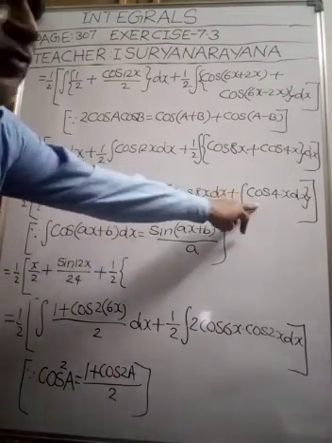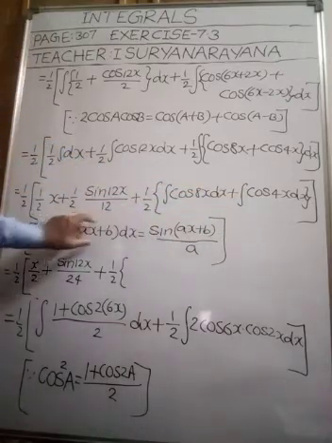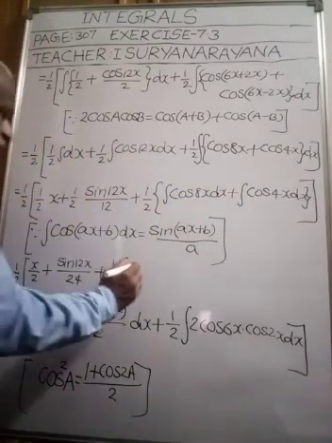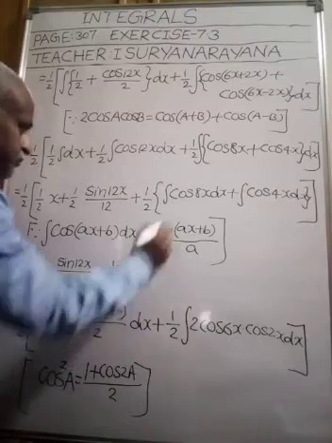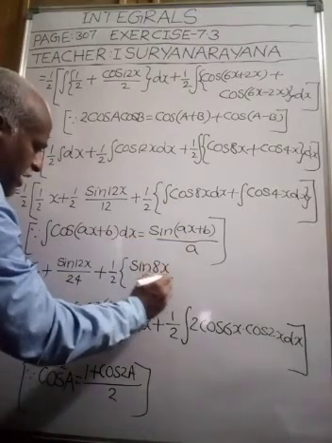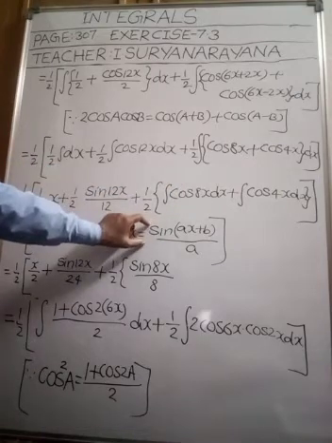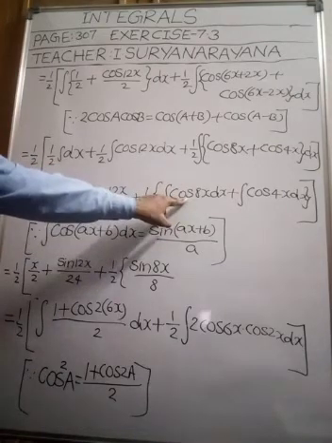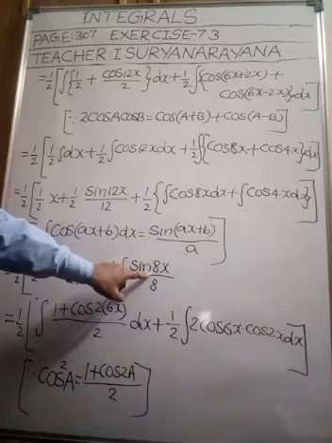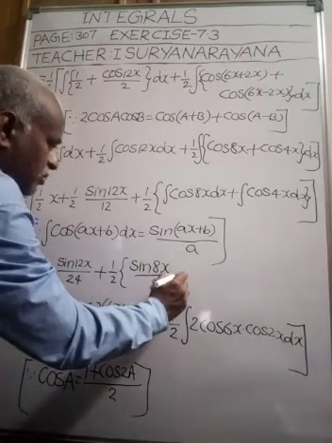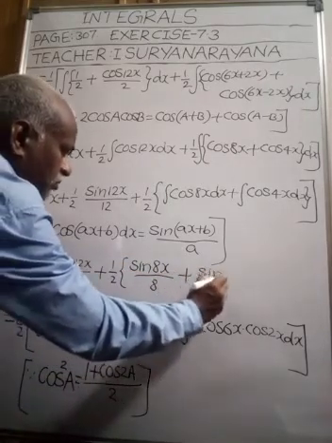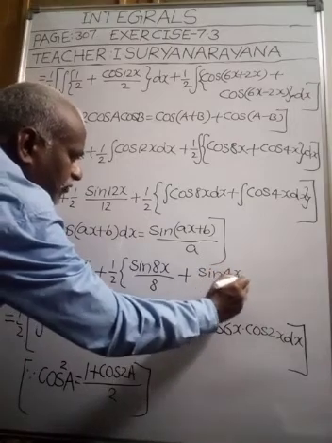This is also in the form of cos of ax plus b, so we use the same formula. What will you get here? Sin 8x by 8. By using the same integral formula, we are writing the integral of this function. Plus sin 4x by 4.